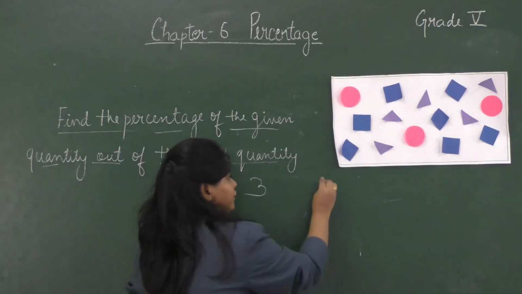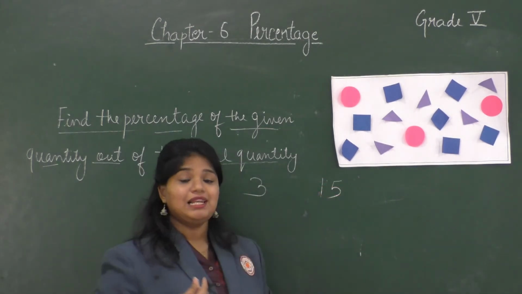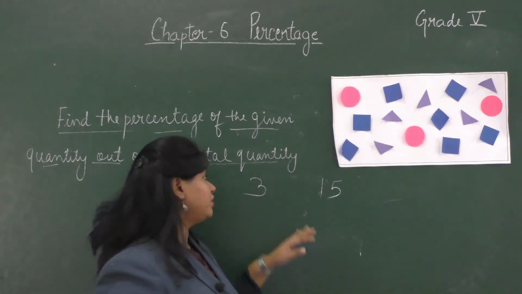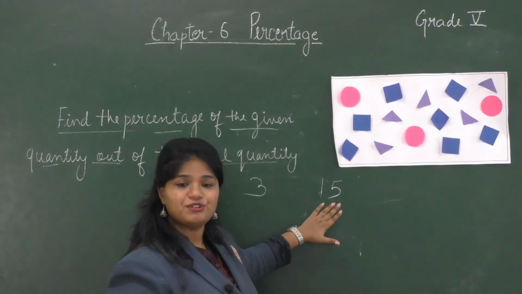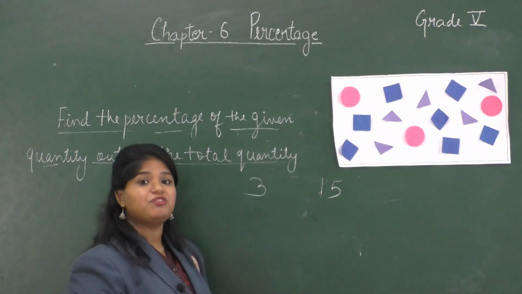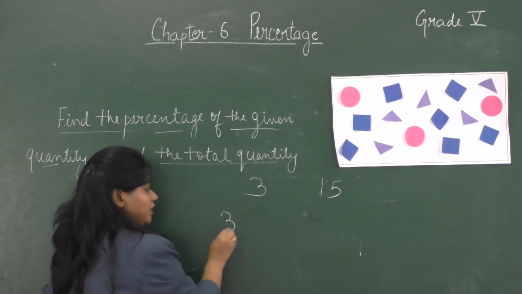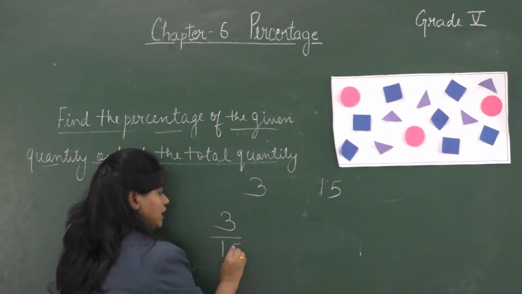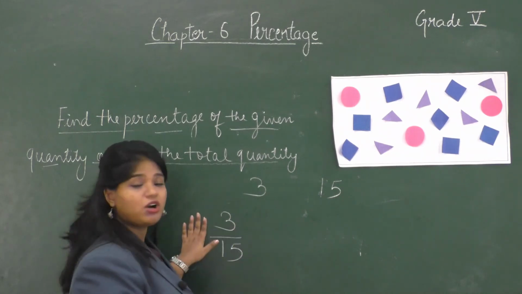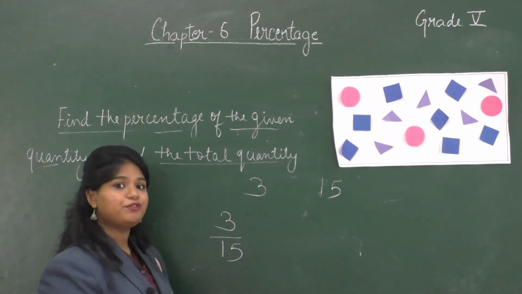There are 15 shapes. Now let's find the percentage of the number of circles out of the 15 shapes. What will we do? We will write the number of circles as the numerator and the total number of shapes as the denominator. So we got the fraction 3 by 15.